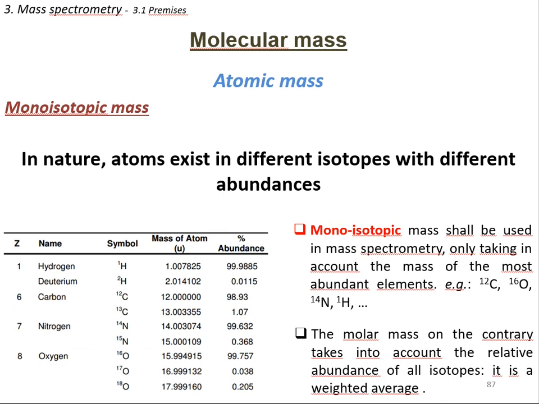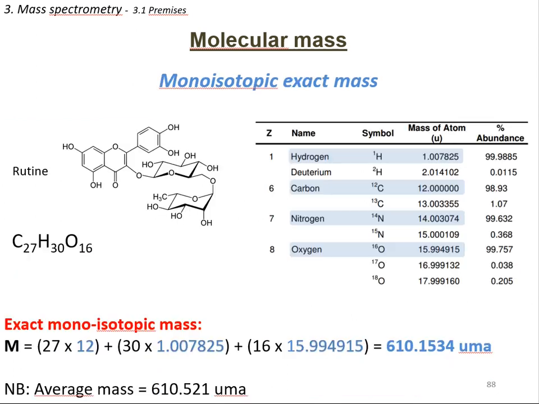If some molecules contain some carbon 13, we will see that during the analysis by mass spectrometry. Remember also that the molar mass, on the contrary, so this is the mass on the package of the product, takes into account the relative abundance of all isotopes. It's a weighted average of isotopic masses.